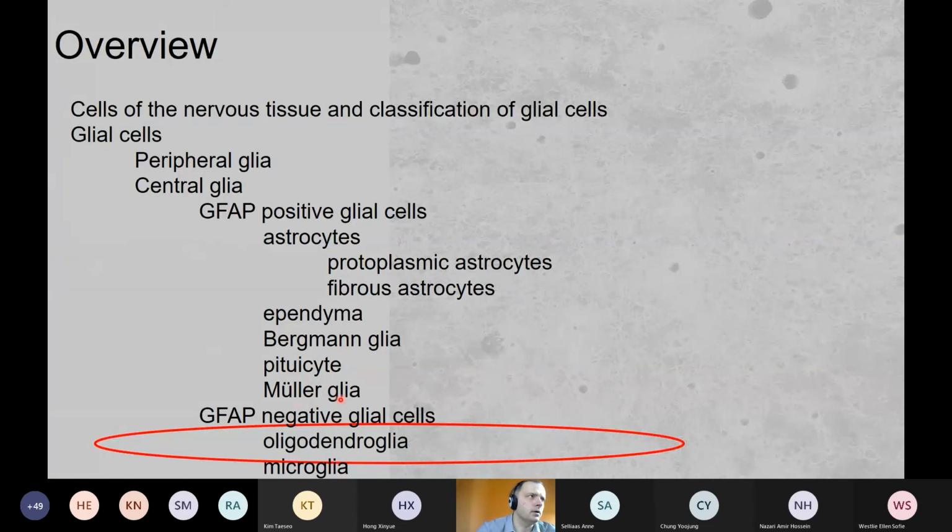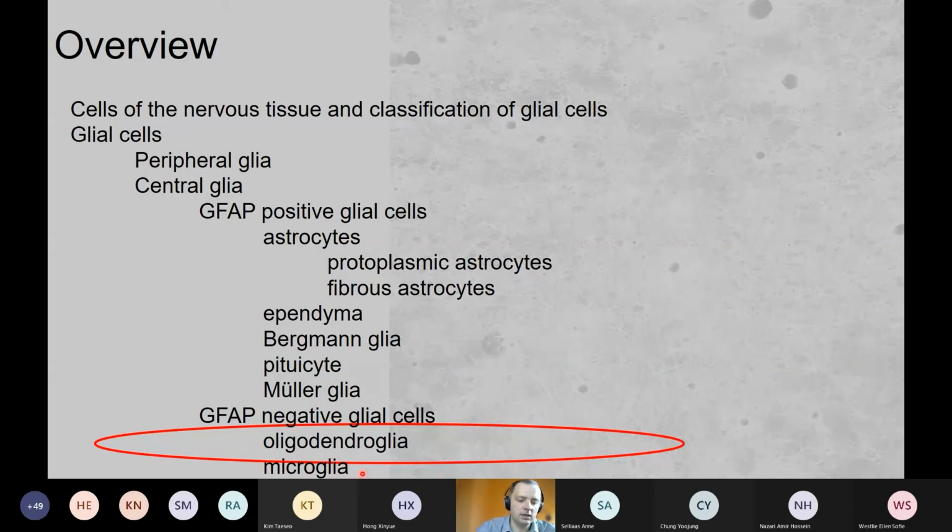glial cells of GFAP positive type, and we turn now to the GFAP negative glial cells, and these are also quite important. There are some books which call the GFAP negative glial cells by the upper term microglia because they are small. But be careful with this terminology, because the oligodendroglial cells are a specific entity, and we also have the microglial cell proper.